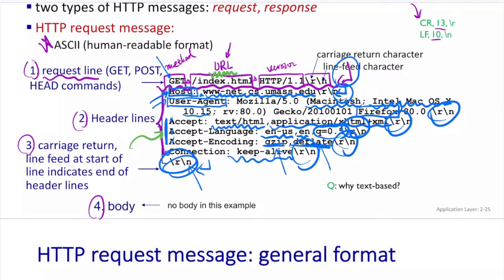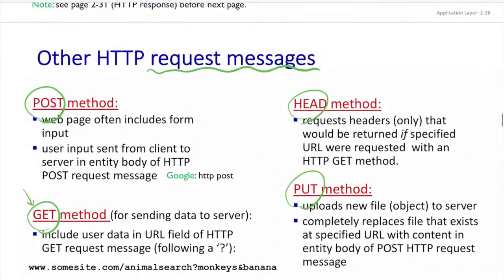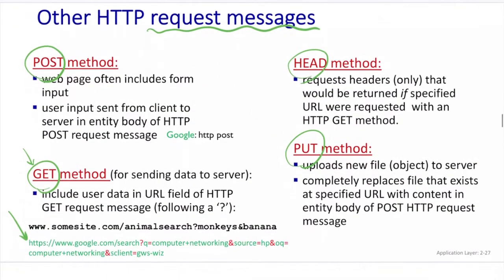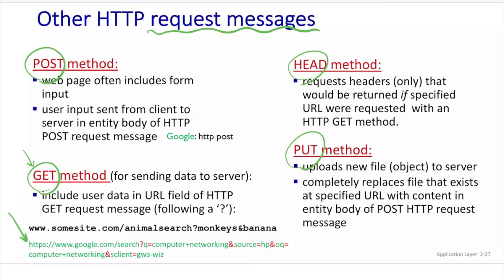Because of this reason, if the client wants to pass additional information to the server, one of the ways looks like this. I believe you have seen it in your browser URL line, right?